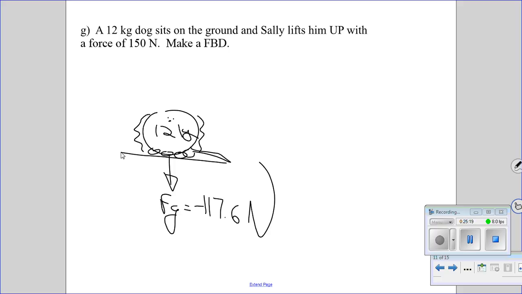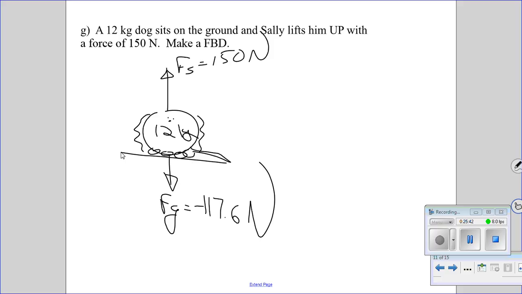All right, so this time Sally's going to lift up with a force of 150 newtons. So I'm excited. Why am I excited? Because she's going to actually lift the dog off of the ground, right? So, is there going to be a normal force?